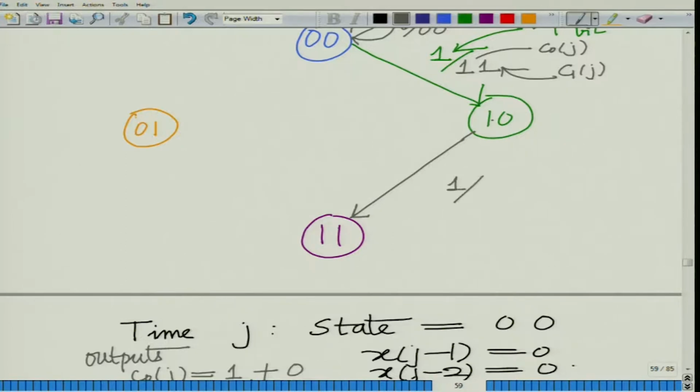From 1 0, x_{j-1} equal to 1, x_{j-2} equal to 0. If a 1 arrives, the next state will be 1 comma 1.